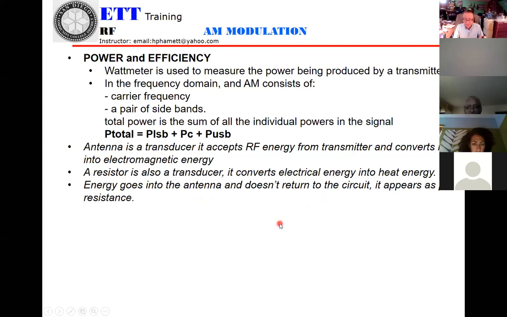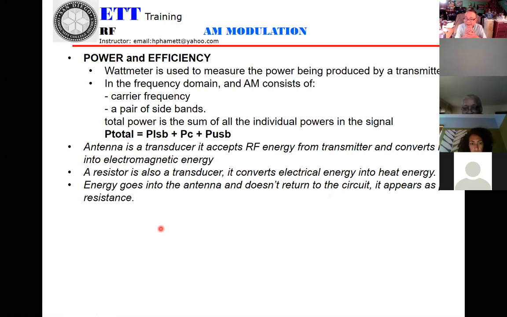Like the current going to a resistor turns into heat. Everything will be lost, cannot be recovered. Okay? So they say energy goes into the antenna and doesn't return to the circuit. It appears as pure resistance.